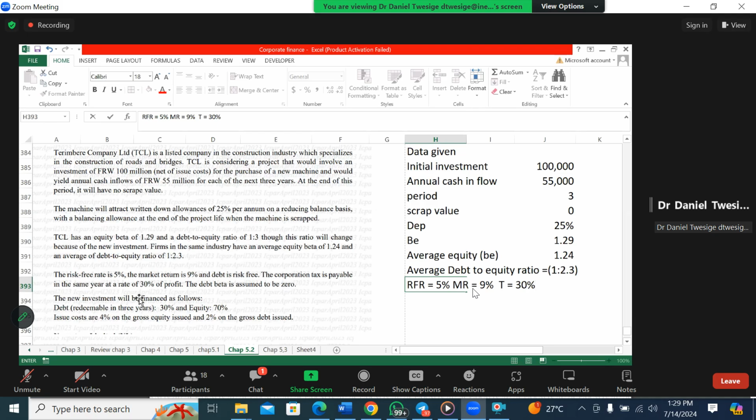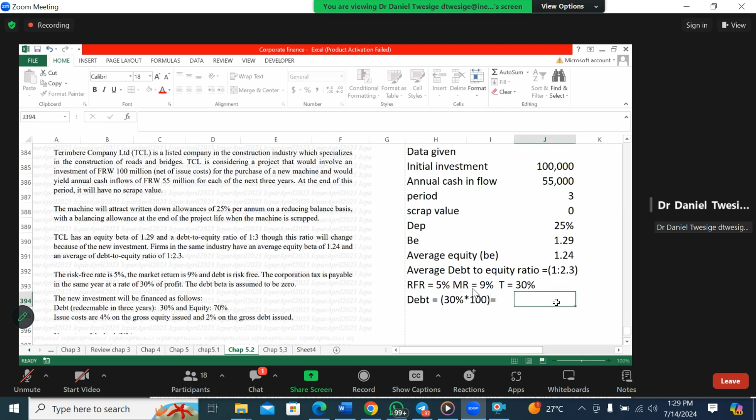The new investment will be financed as follows. Debt is going to be redeemable in 3 years. It will be 30% times 100.